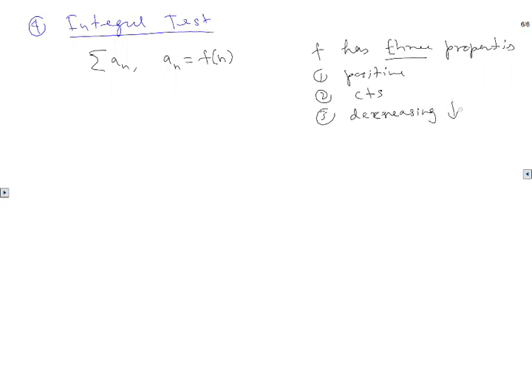So if those three are satisfied, then what happens? Sigma a_n converges if and only if the integral from 1 to infinity of f(x) dx converges. You can pick any starting number you like. When you say if and only if, that means if one converges, the other converges; if one diverges, the other diverges.